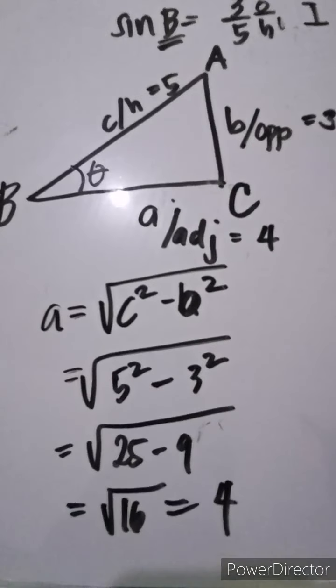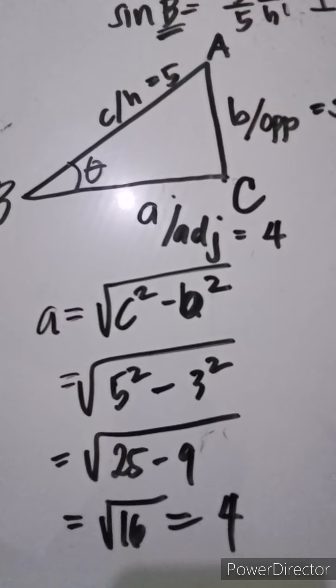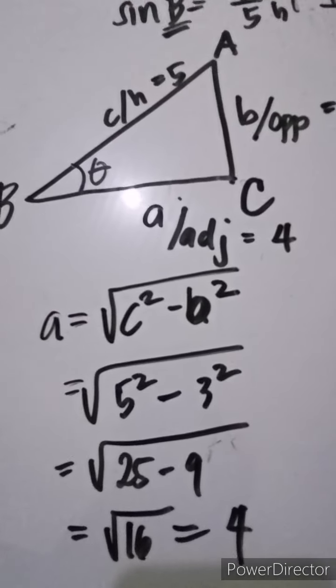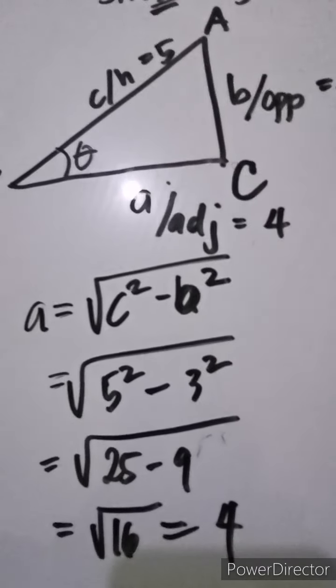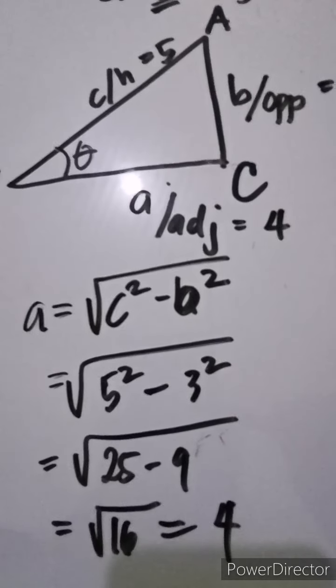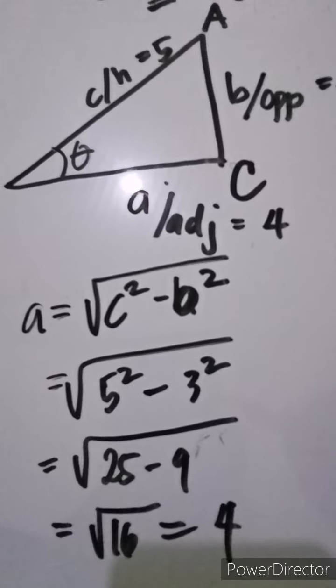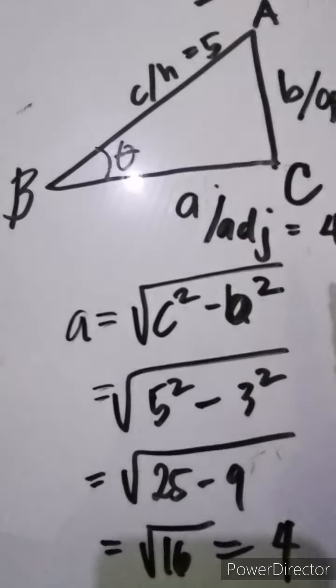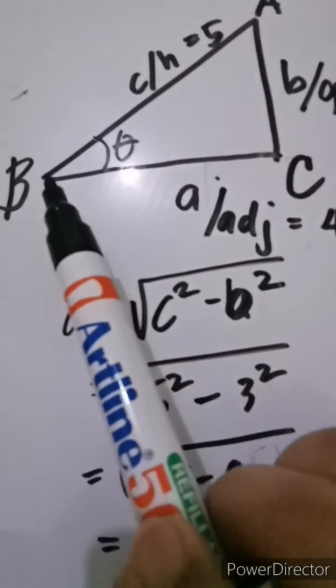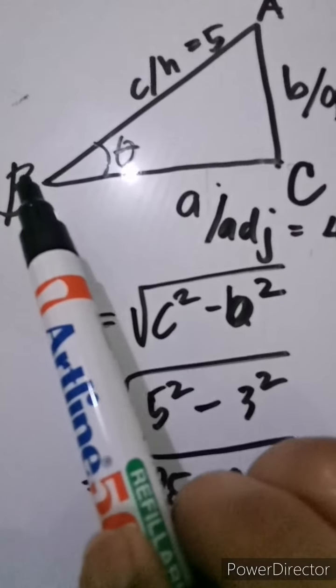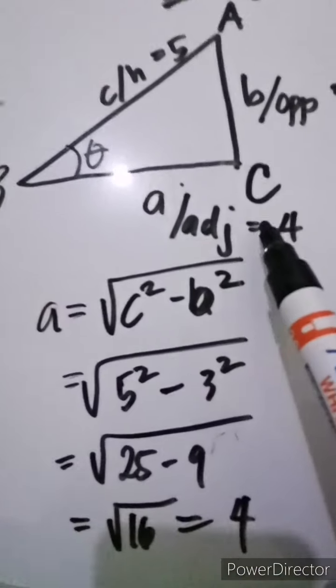And then, let's go back to the table or the figure. Tingnan natin yung figure. So, makikita natin dyan na ang A natin, ang value ng adjacent is 4. Kasi nga, kaya siya naging adjacent. This is based from the reference angle. Yung reference angle natin is letter B. So, therefore, our A is equivalent to 4.